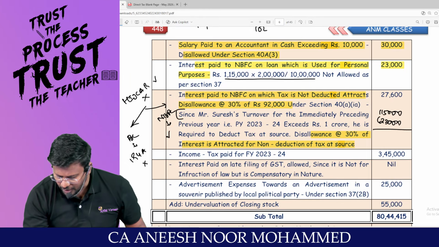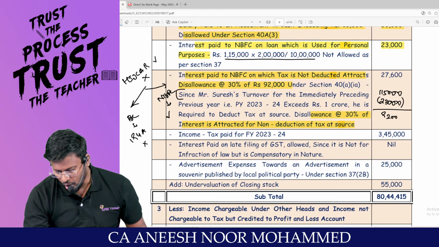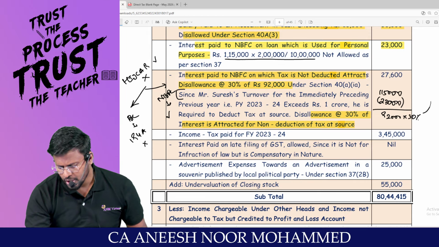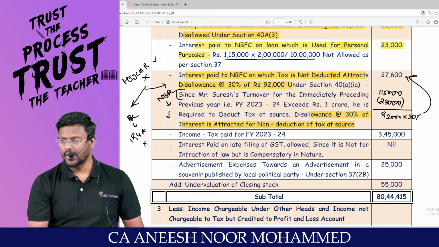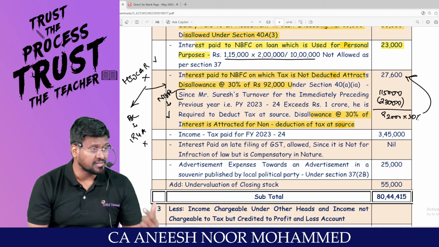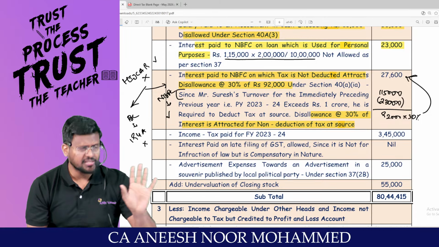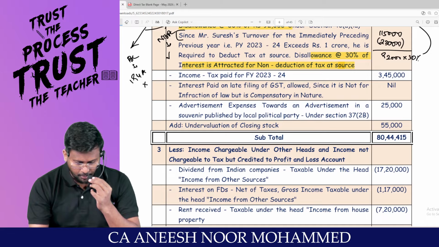So 1,15,000 minus 23,000, 92,000. On that, 30% should be added back, comes to 27,600. Why 30%? Because NBFC is a resident. If the recipient is a non-resident, 100% would have been added back.